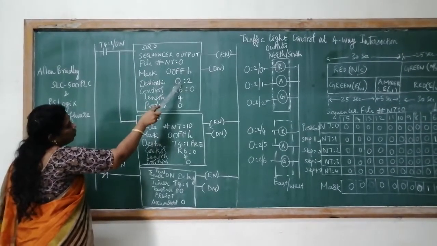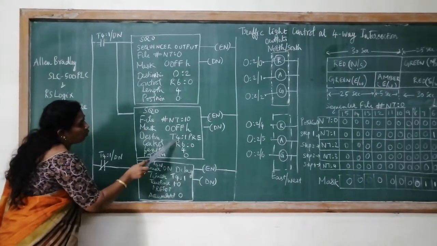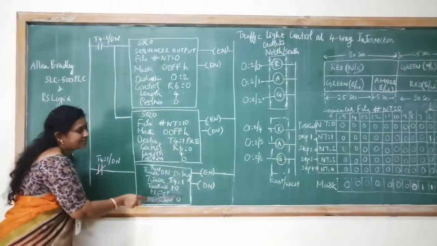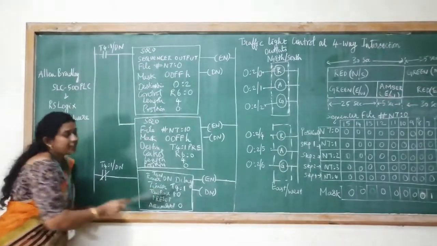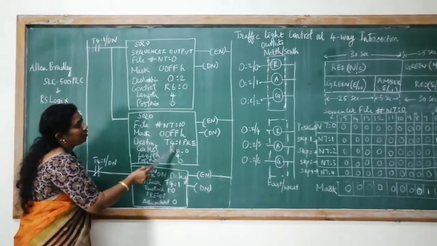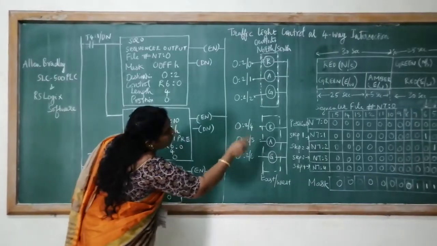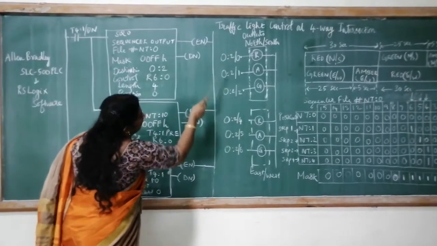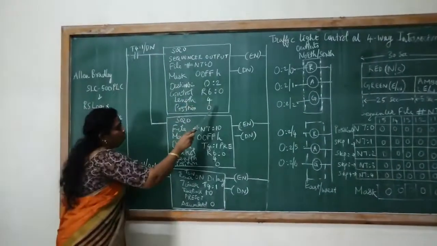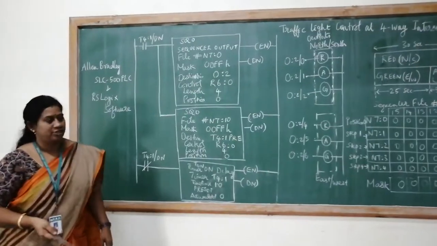That is transferred to the output destination address, and at that time a preset time of 25 seconds will be loaded in this timer register. After that, 5 seconds will be loaded for this timing. For step 2, that is for bit 0 and bit 5, the corresponding time will be loaded. Likewise for all the steps, the preset value of the timer will be changed.